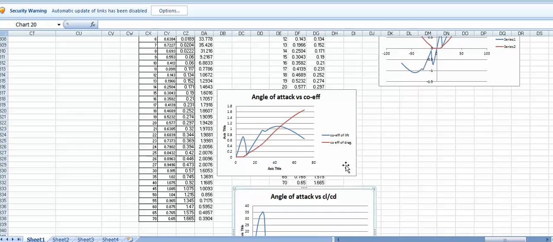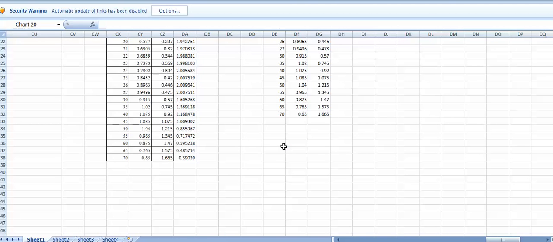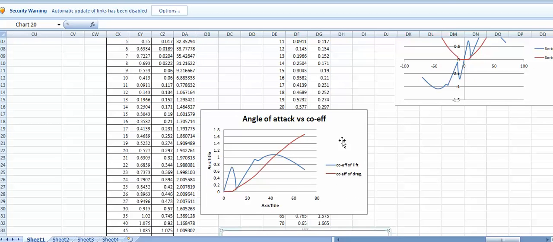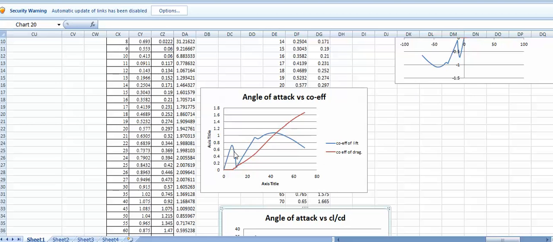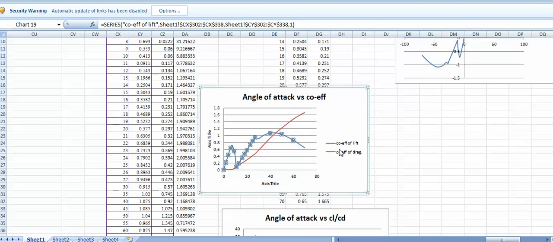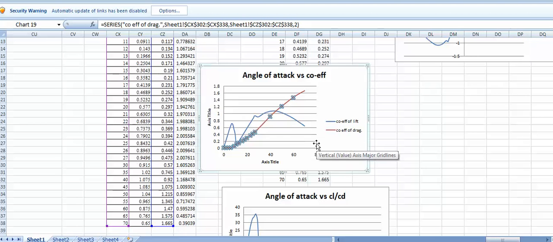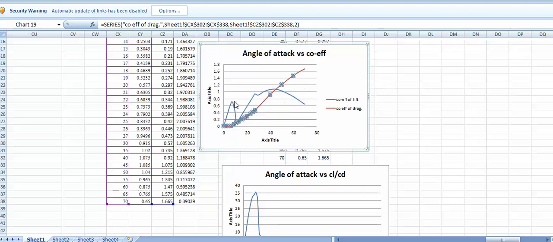This graph right here, as you can see, this blue line is the lift coefficient and this red line is the drag coefficient. Around 6, 7, 8 degrees the lift coefficient is maximum, and then suddenly the drag coefficient takes off.